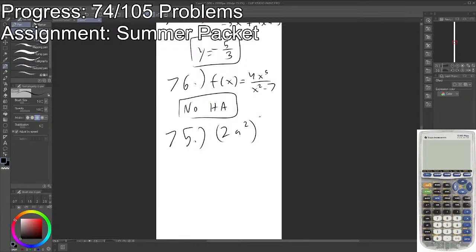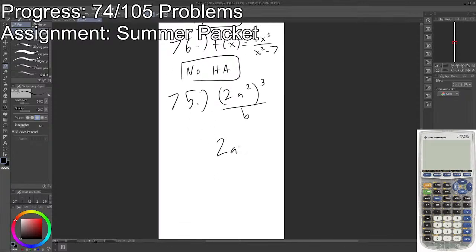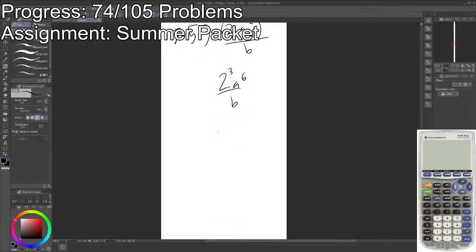2a squared power 3. That's just 2a, or 2 cubed a 6 for b. 16. No, wait. Yeah, 16. What's 2 cubed? Is that 8 or 16? Can't think right now. Calculator died. It's 8.